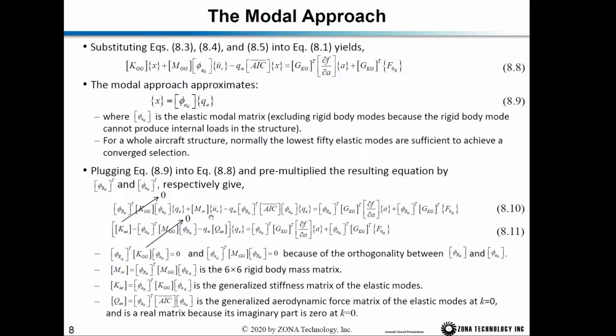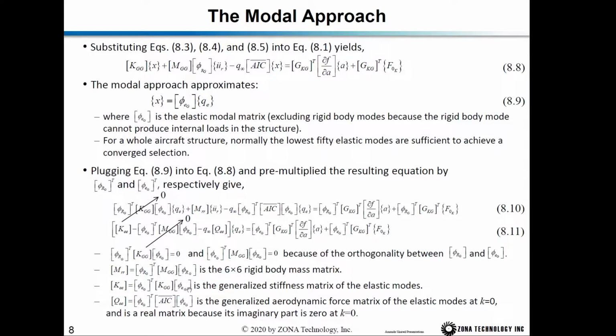So we have the remaining terms. MRR is the MGG pre and post multiplied by the rigid body modal matrix. So it's a 6x6 rigid body mass matrix.